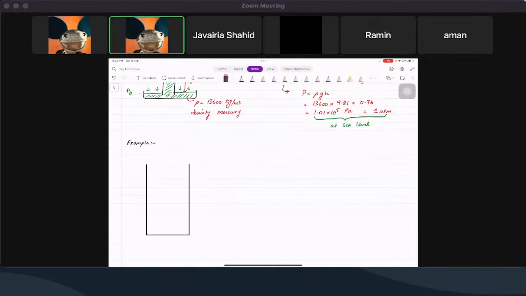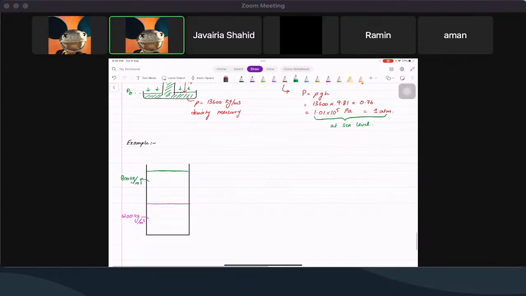There is a layer of material that has a density of 1200 kg per meter cube, and then there is another layer on top of it which has a density of 800 kg per meter cube.